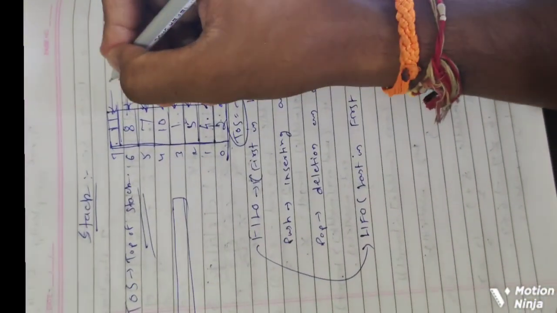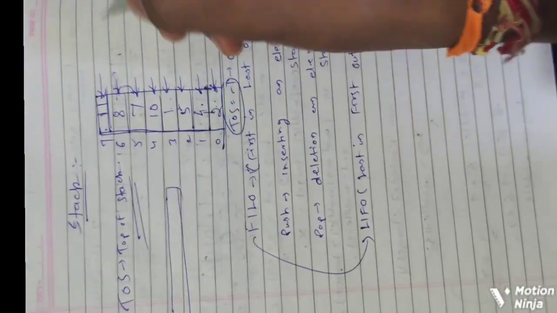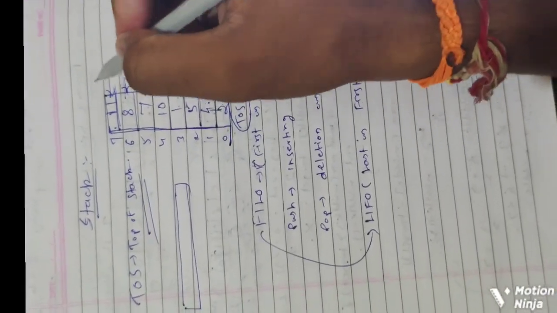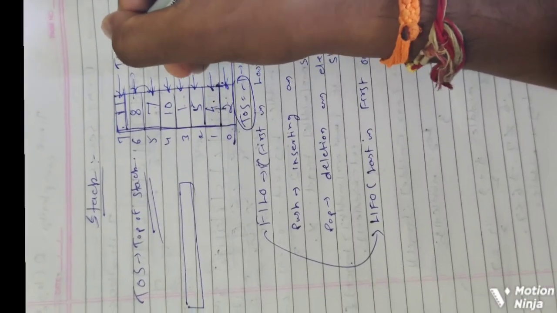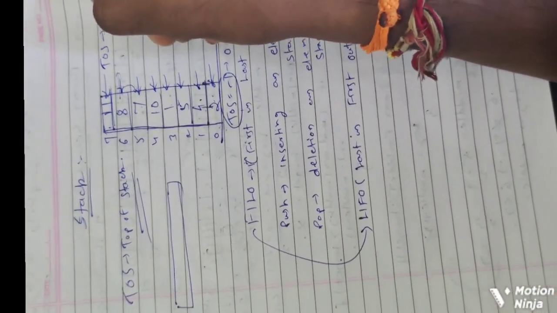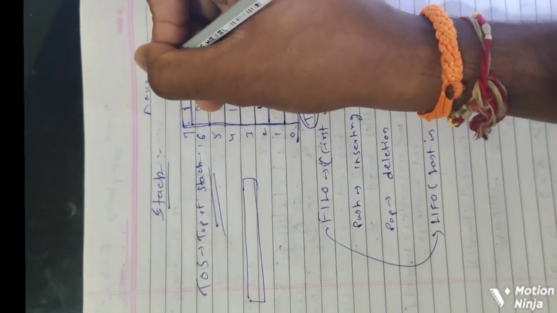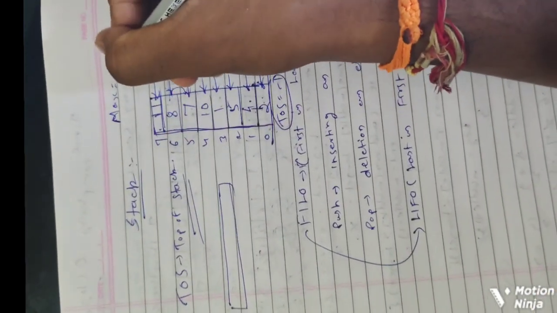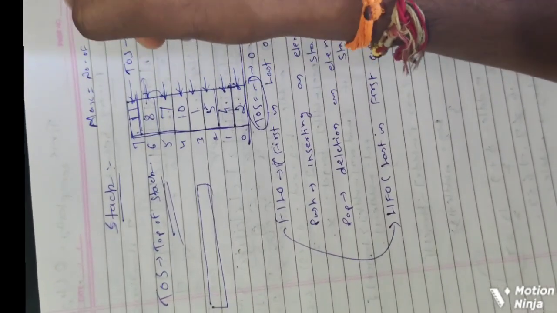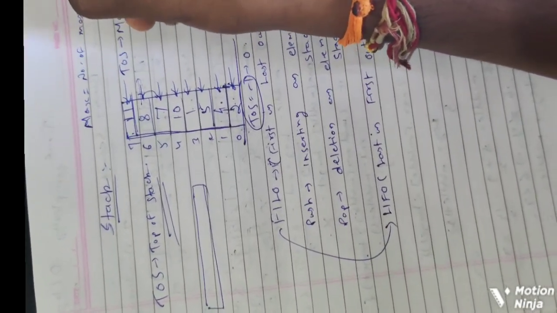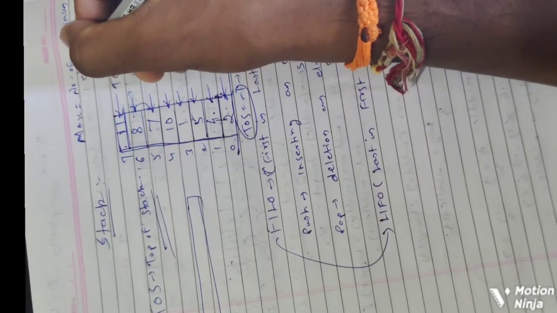Now let's see when this condition exactly occurs. The condition where the stack is full occurs when TOS, the top of the stack, is pointing to max - 1. Here max refers to the maximum number of elements in the stack.